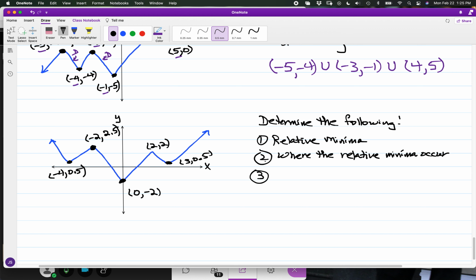Also we have the relative maxima, and also where the relative maxima occur.